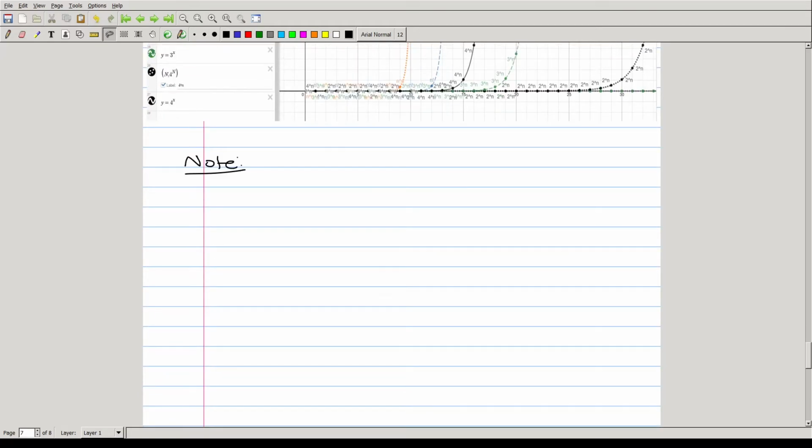And I want to make a note here that we defined strict domination of a function f by a function g to be f dominates g and the negation of g dominates f.